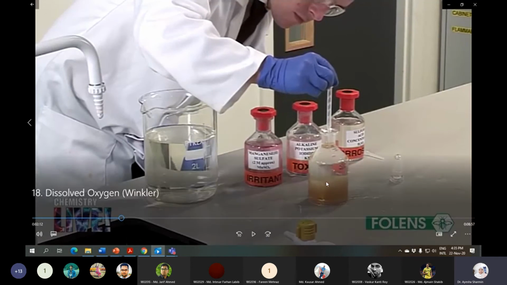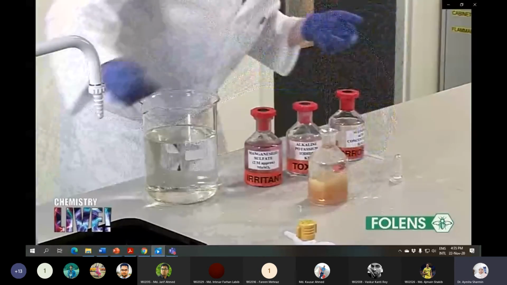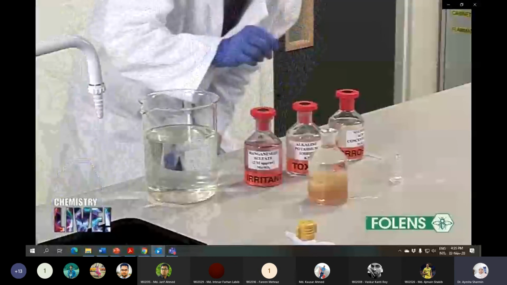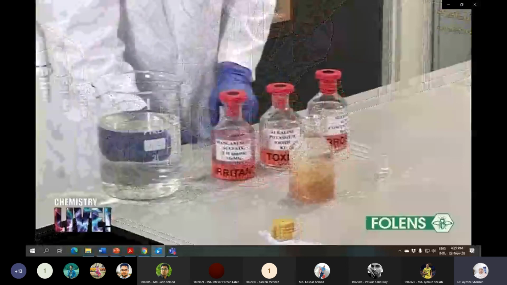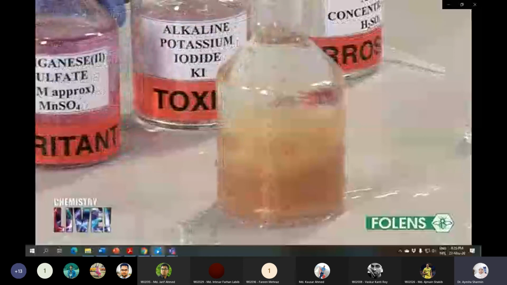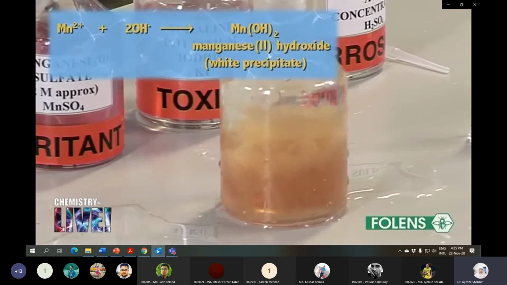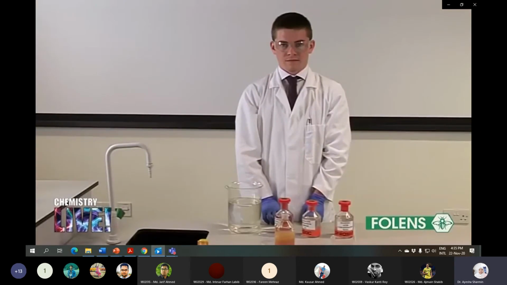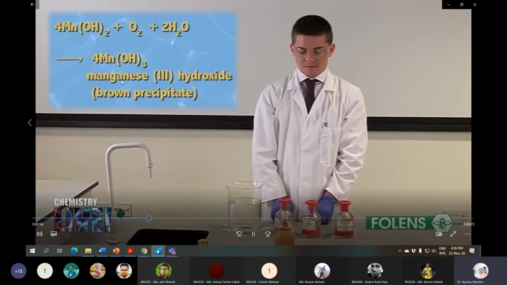So what you are seeing is the precipitate forming and it's sinking down to the bottom. You can see.